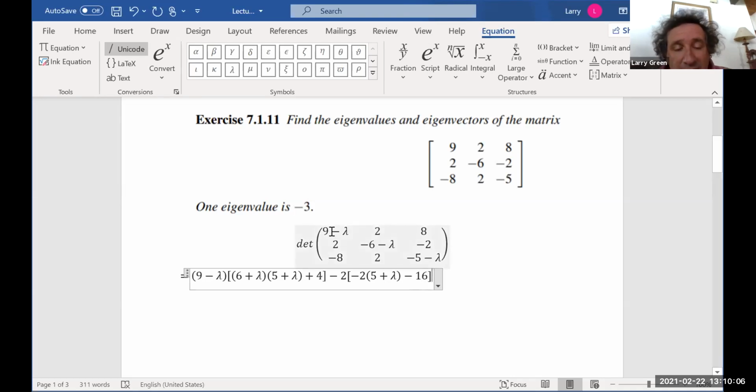Okay, and then notice the negative 8 is in the 3, 1 position. 3 plus 1 is 4. Negative 1 of the fourth is positive 1. So we just have the negative 8, or minus 8, times. And now let's find that determinant. We have 2 times negative 2 is negative 4. And then we have 8 times negative 6 minus lambda.